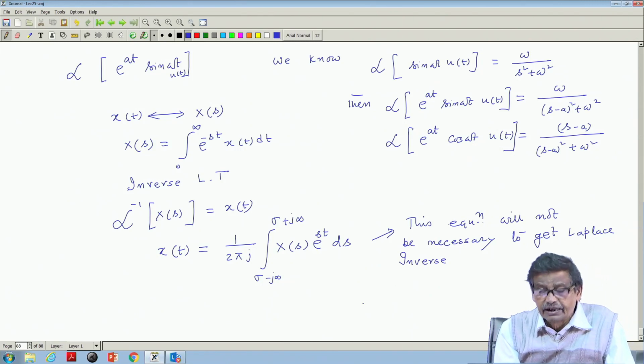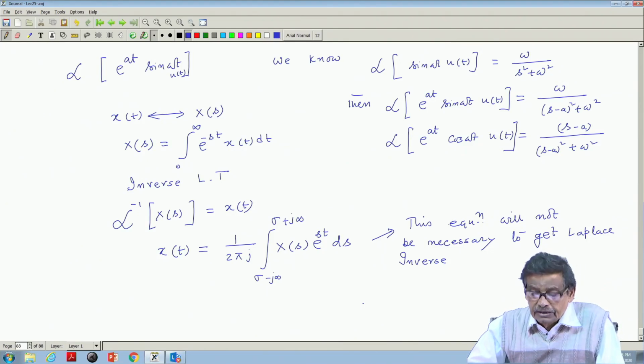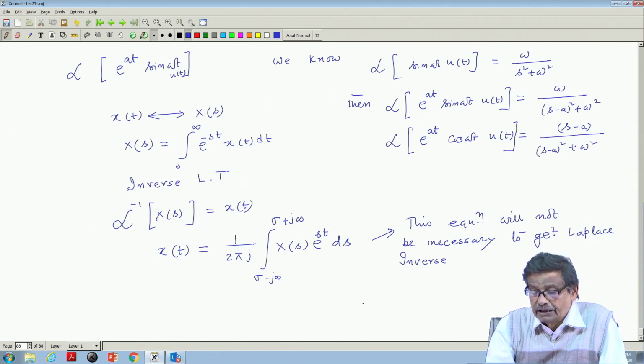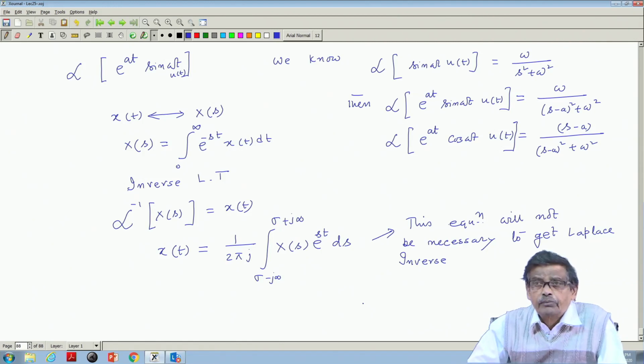In fact, we will try to avoid the use of this rather complex looking equation, where X s is known, multiply with e to the power s t, integrate it, and get the time domain description.